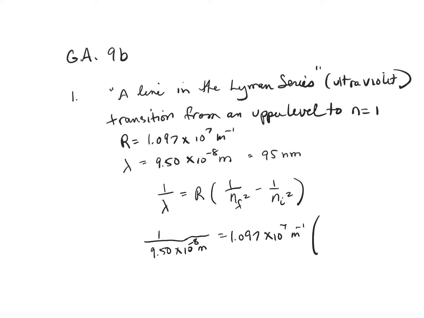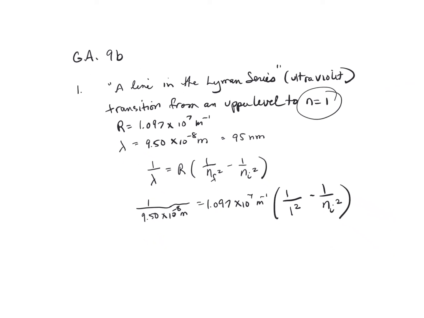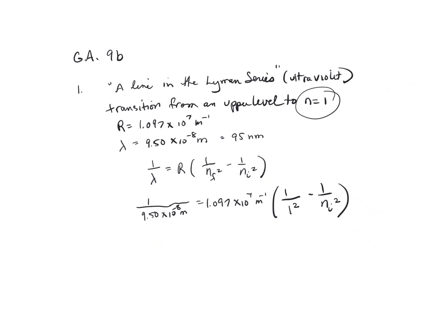That's R. Then 1 over n final squared, which is 1 squared, minus 1 over n initial squared. The question is, what is n initial? What is the level that the transition starts at to get down to the ground state of n equals 1?